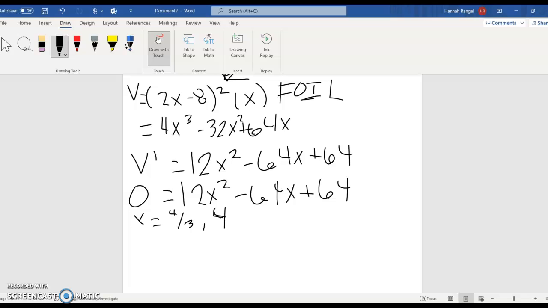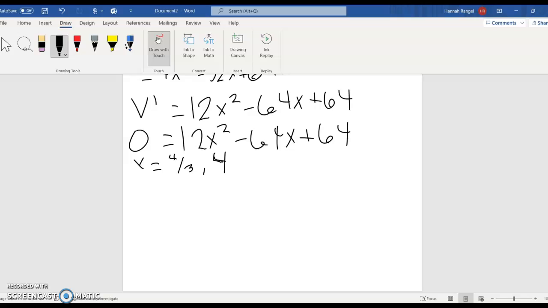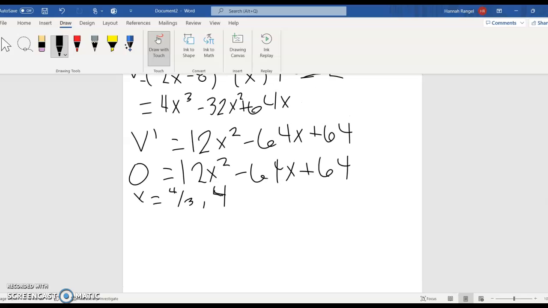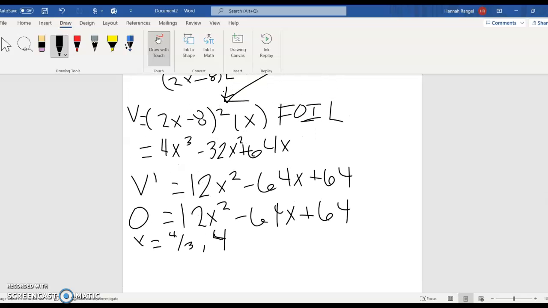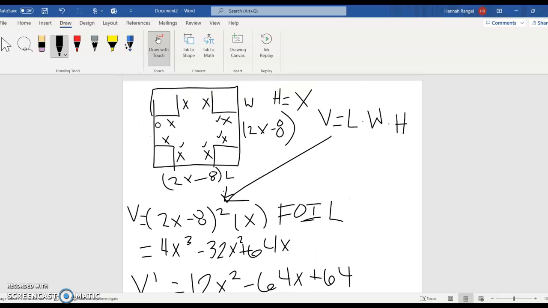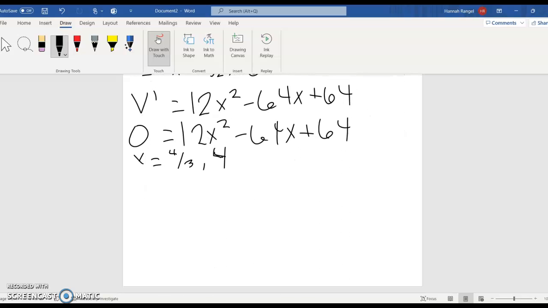So then, kind of what the student on the video said, you have to rule out what won't be the maximum. Say we used 4. And we put 4 right here and 4 right here, and we cut out 4 inches of the paper. Well, that's going to take the whole thing, since obviously 4 by 4 is 8. So that wouldn't work. So we have to use 4/3.